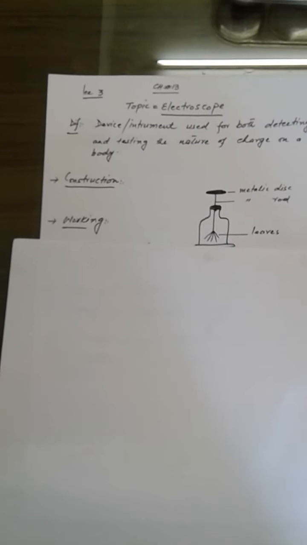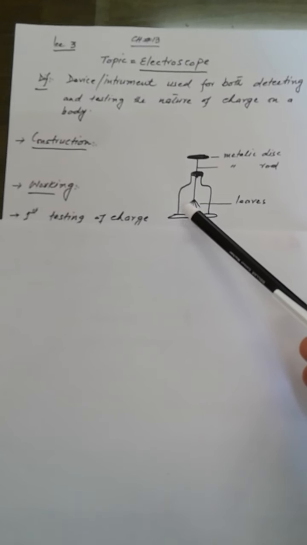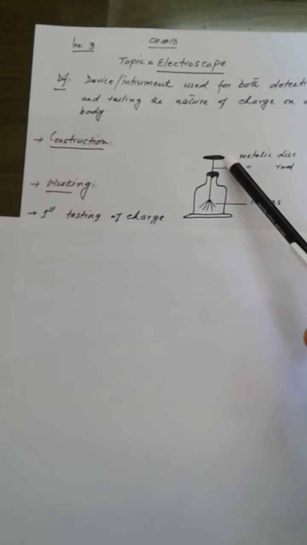First of all, we will study the construction of electroscope. Electroscope consists of three major parts. Number first, glass jar, conducting rod, metallic disc and leaves attached to the lower end of the rod, while the upper end is attached to the conducting or metallic disc.